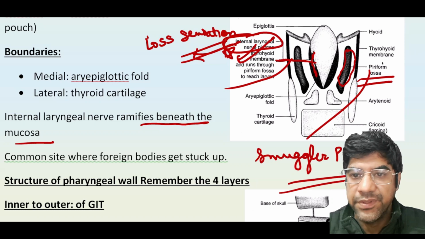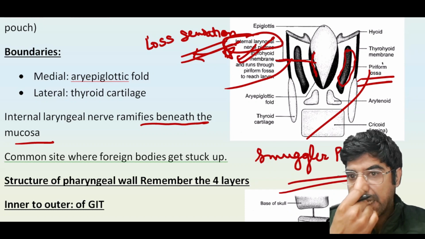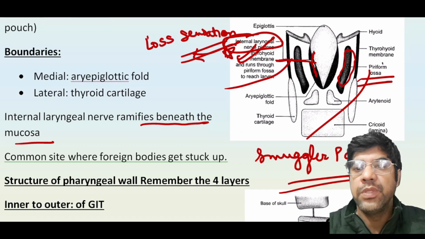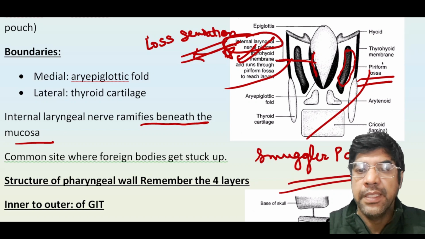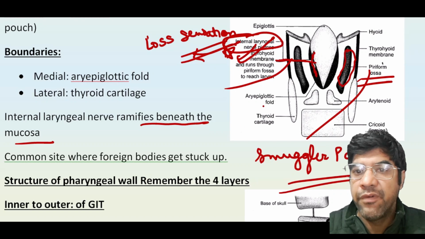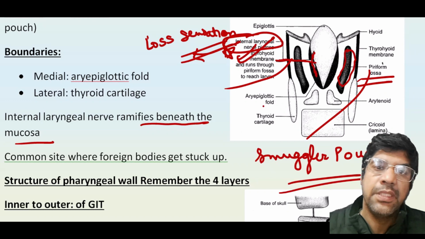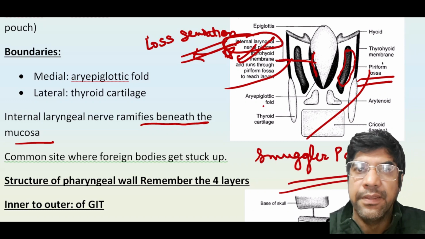The piriform fossa can trap food or other small particles for a short time before they continue their journey through the digestive tract. And the removal of a foreign body from the piriform fossa carries a risk of damaging the internal laryngeal nerve.